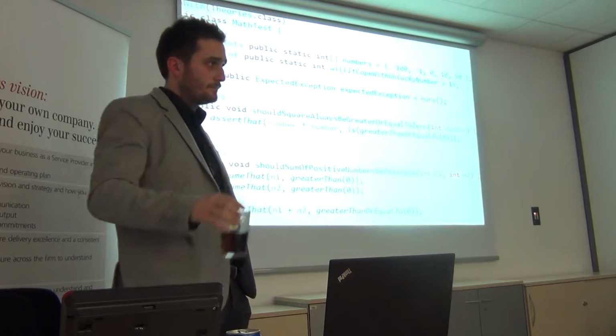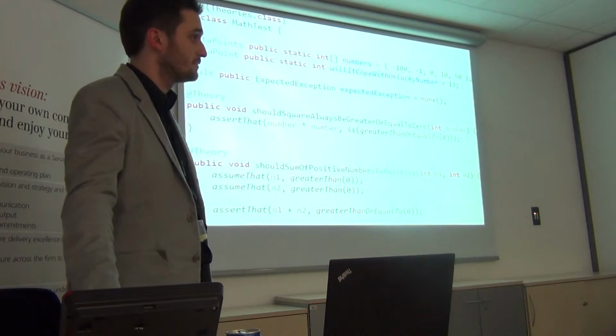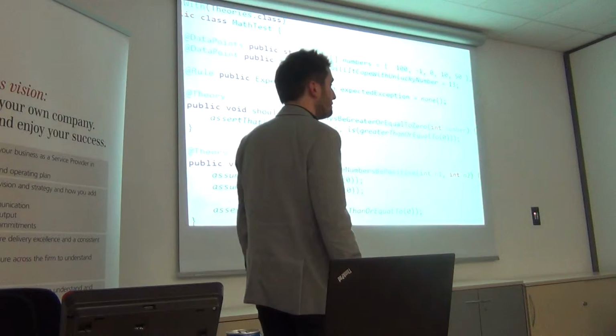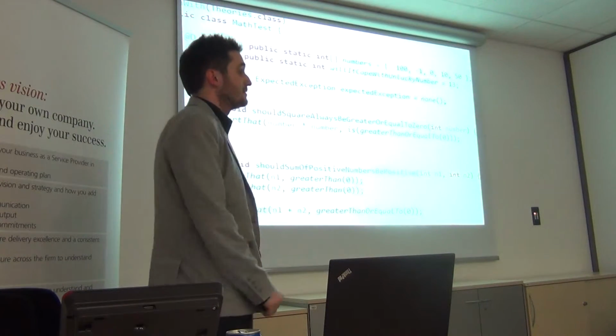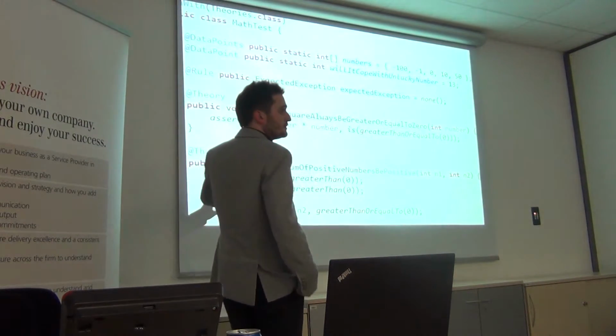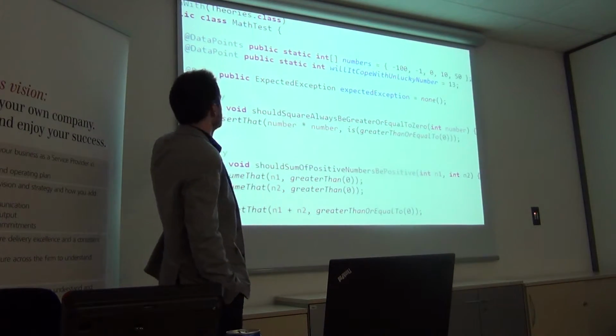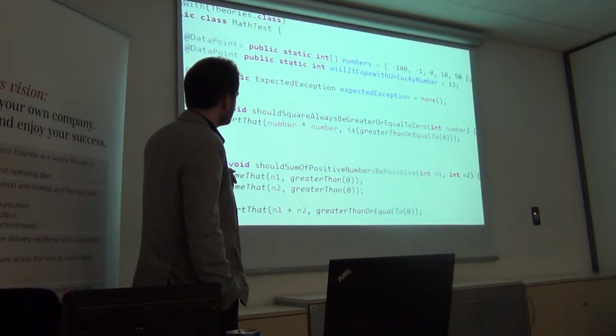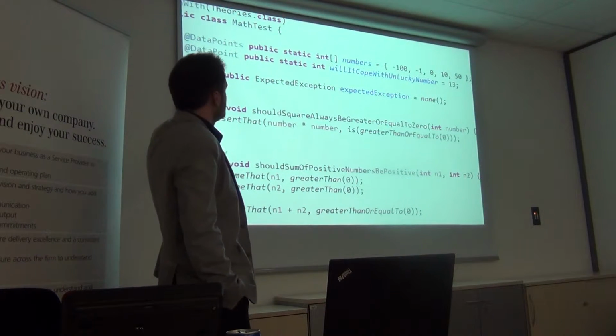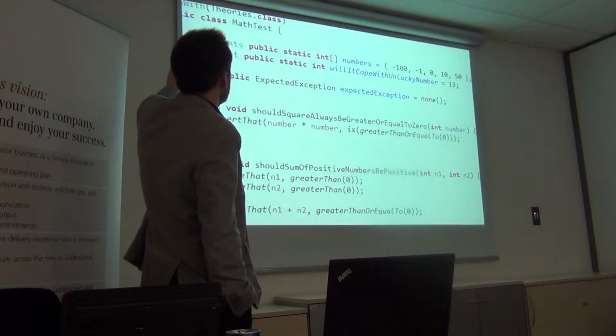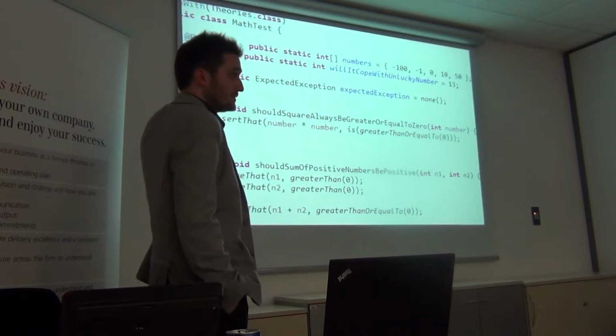What is the purpose of using data points in this example? Using what? DataPoint and DataPoints. Are they used just to show that, or will we take random data? So the engine of the theory is the runner. It doesn't care whether something was specified as DataPoints or DataPoint.